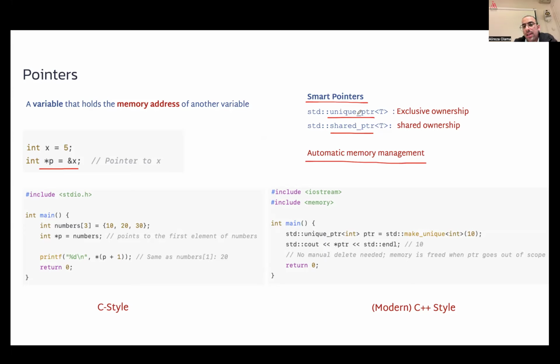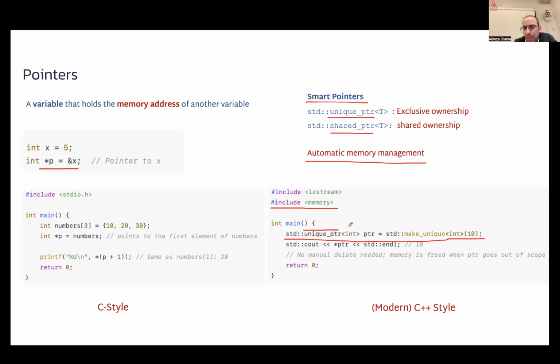Unique pointers can only point to one data type, but shared pointers can point to different data types, different values in the memory. This is how you define them in C++. For example, here, you first need to include this memory header, and then you define a unique pointer.